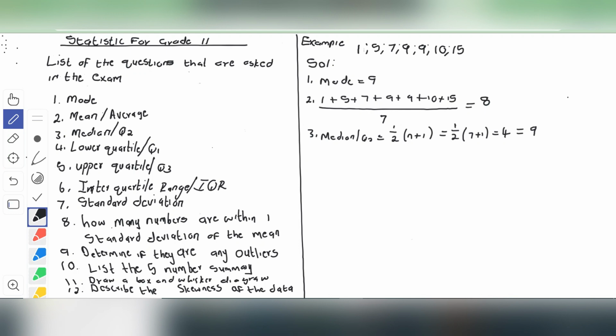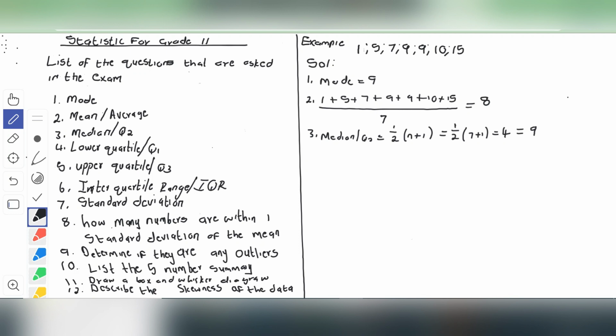So remember, this formula is useful whenever you are given a large data set. Let's say the total number is like 40, see. You can't just say count it.